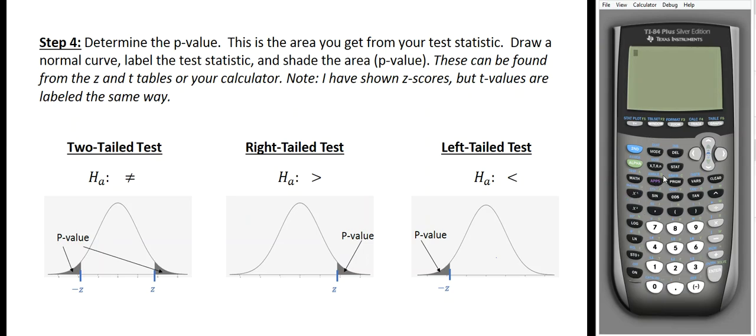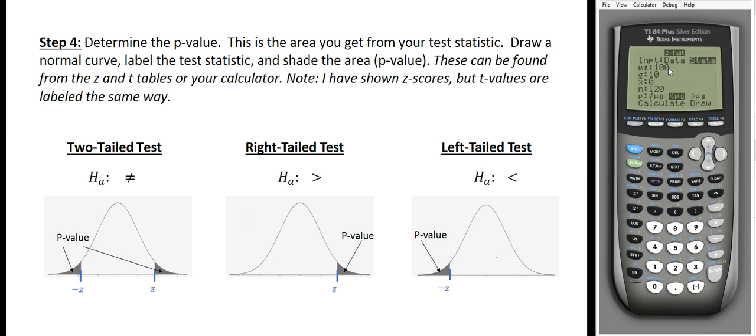Okay, so if we have a z-test and we're using a z-score, we're going to go to Stat, arrow over to Tests, and we can see that number 1 says a z-test. So if our population standard deviation is known and we're testing a mean, then we go to that z-test. If I click enter, we can see that we can either enter data, which we'll do in a list in our examples, or we can enter the stats, which is everything that we needed for our test statistic.